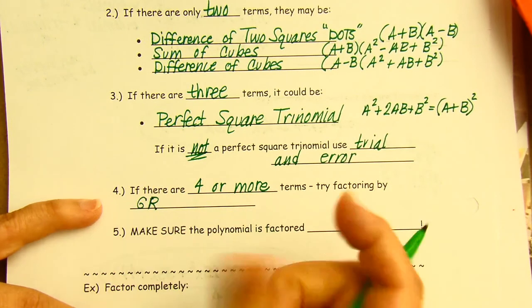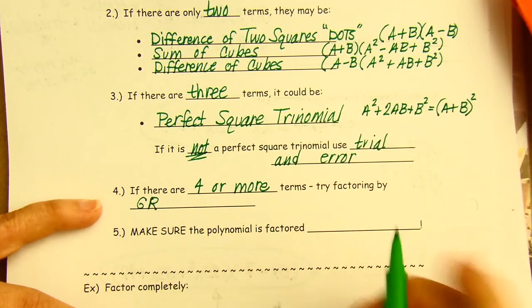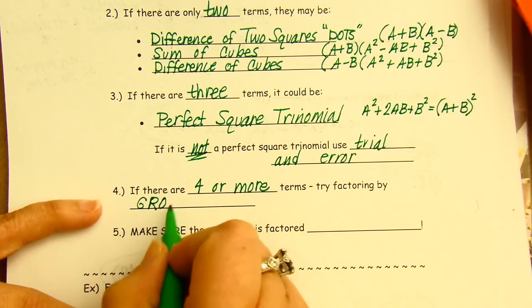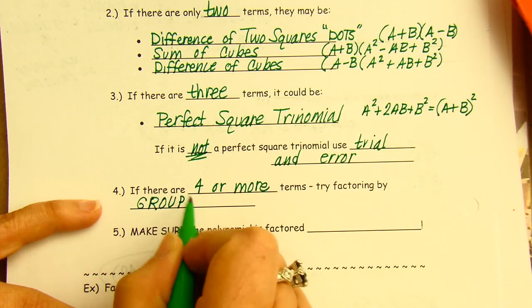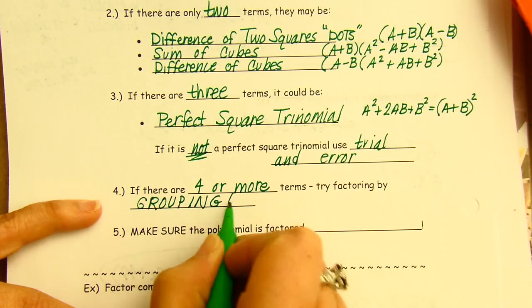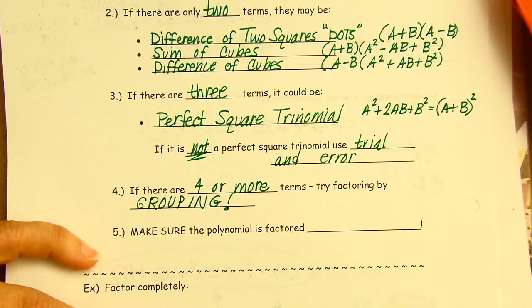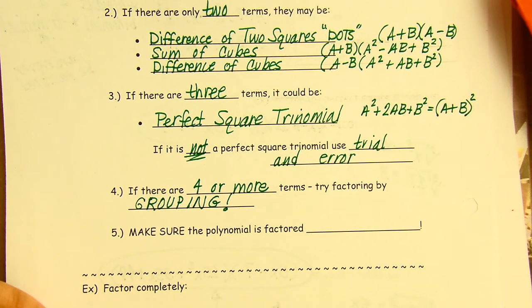Remember, we grouped 2 together and then 2 together, and we looked for a GCF within each group. Sometimes, though, they're tricky. And I'm gonna show you one here on the example, letter B down here at the bottom of the page, where you have to group a trinomial and a monomial.